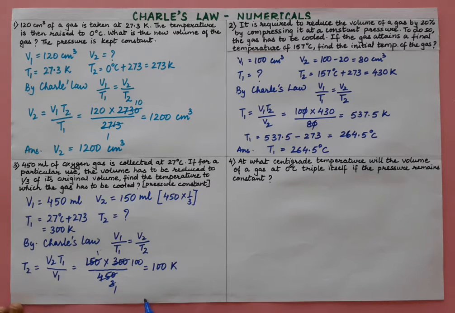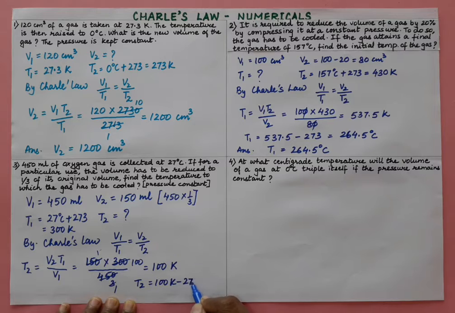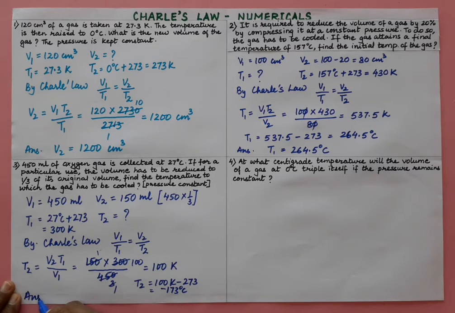Now convert this into degree Celsius: minus 273, so you get minus 173 degrees Celsius. So your answer is T2 is equal to minus 173 degrees Celsius. This is how you get the answer.